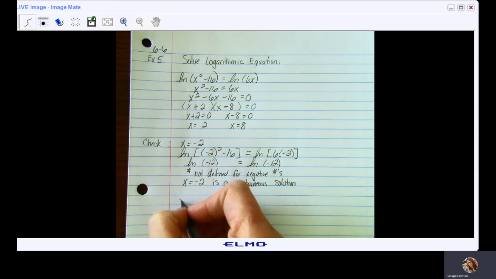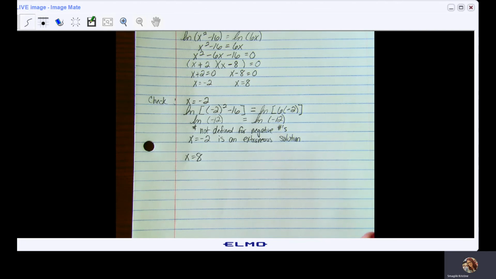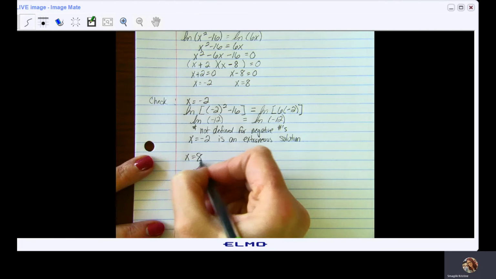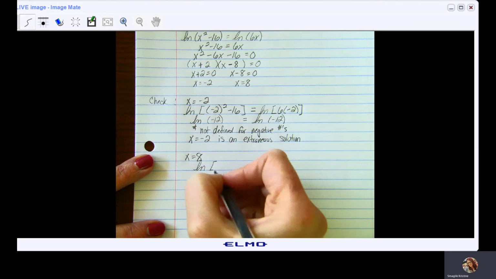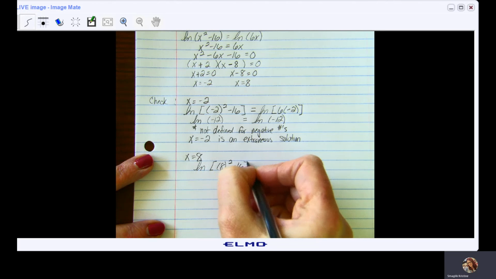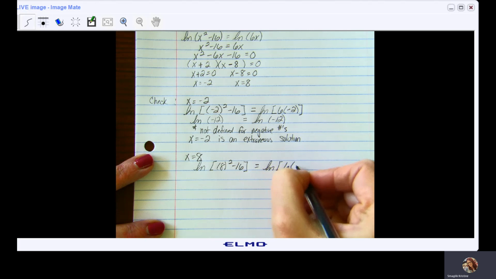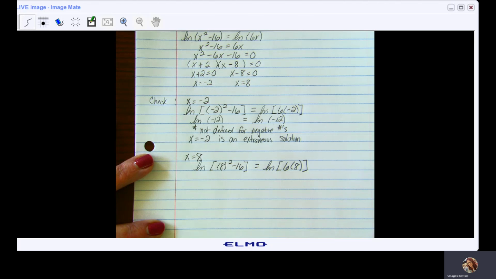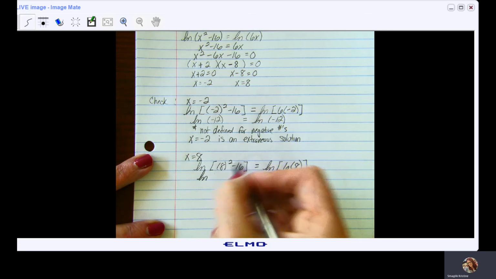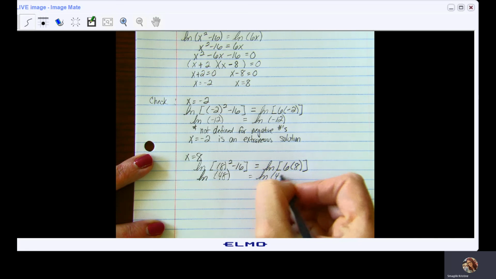And now let's check x equals 8. So let's go natural log of 8 squared minus 16 equals the natural log of 6 times 8. 8 squared is 64 minus 16, that's going to be 48, equals natural log of 48.